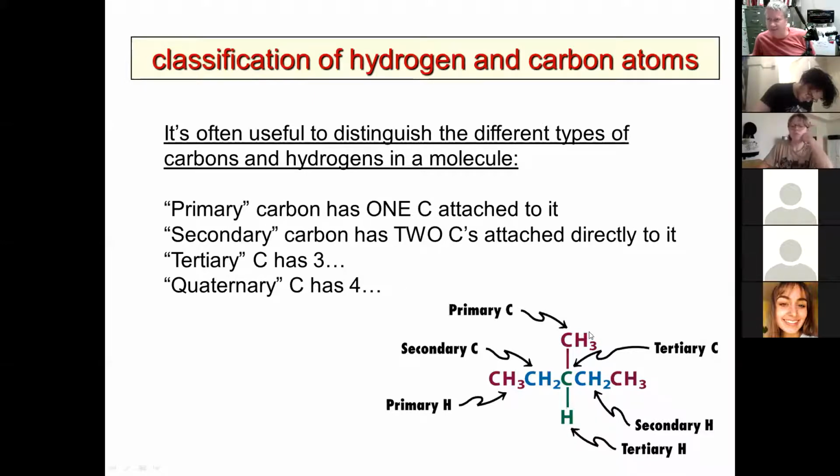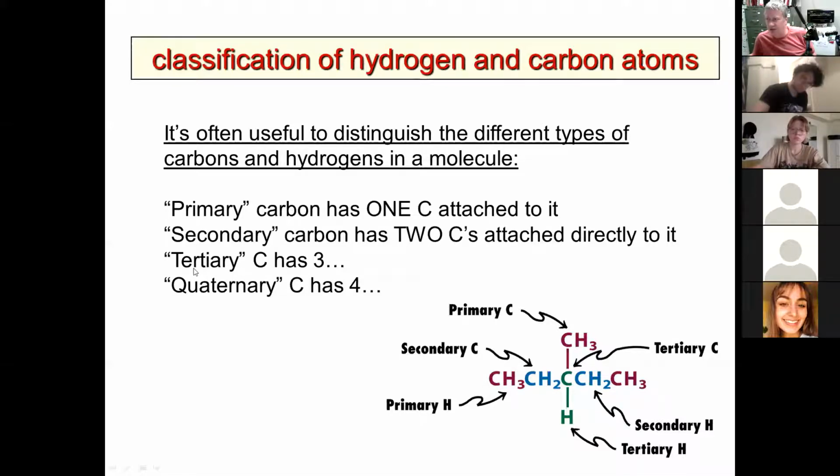You can see in this example, this CH3 up here is a primary carbon. Whereas a secondary carbon has two carbons attached to it. So it's just a classification system. So this is a secondary carbon.